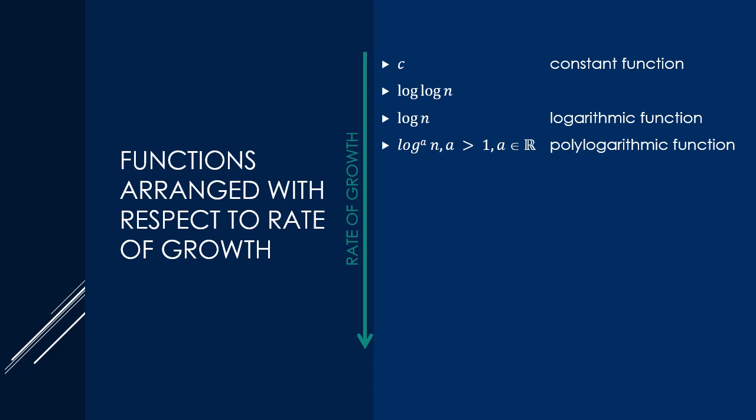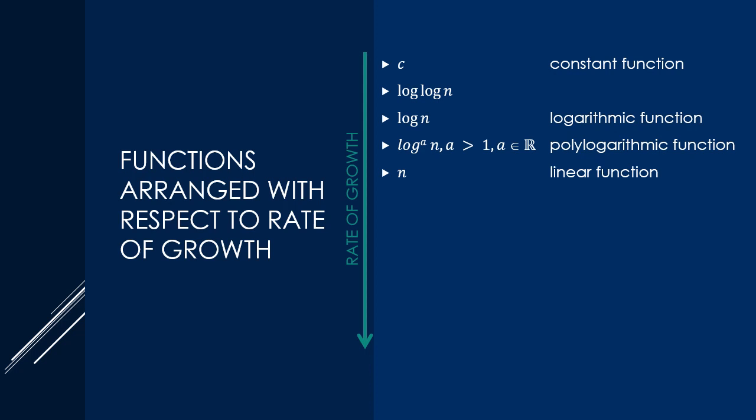So the answer gets even smaller. To compute log n raised to a, we compute log of n, then we multiply the answer with itself a times. So the number grows.